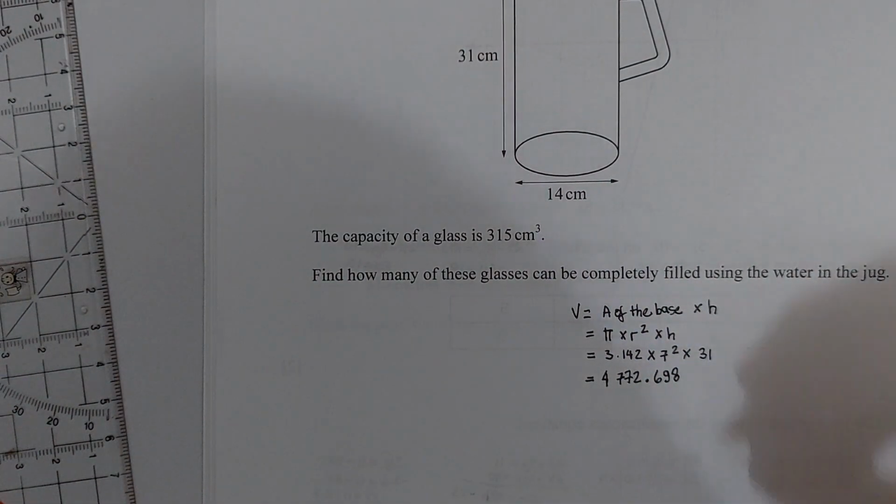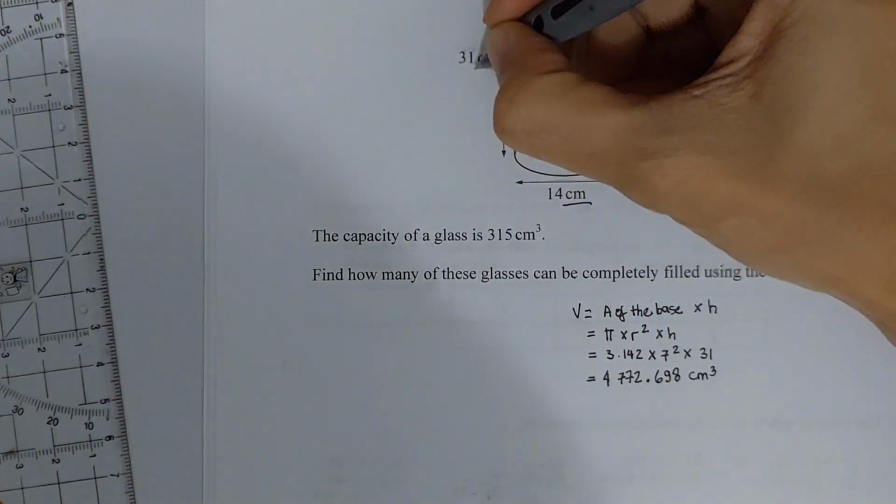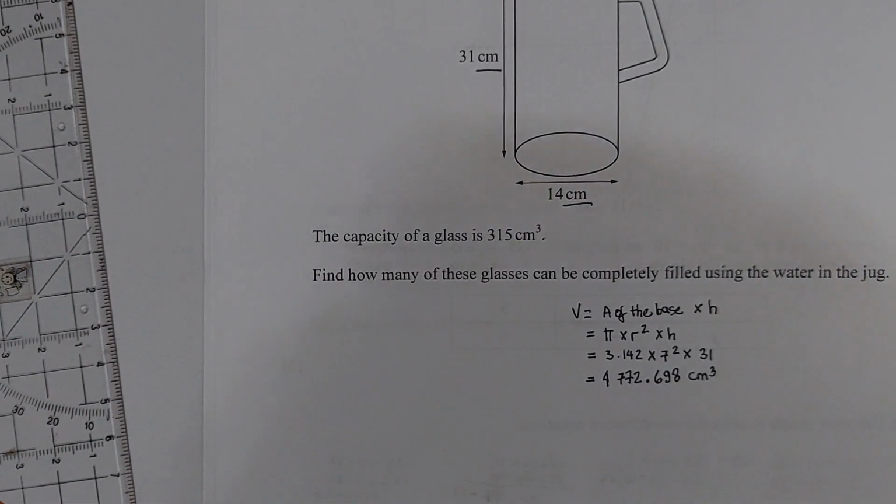What is the unit? Centimeter cubic, because all of them are in centimeter, right? Now, in that jug, I can have 4,772.698 centimeter cubic of water.